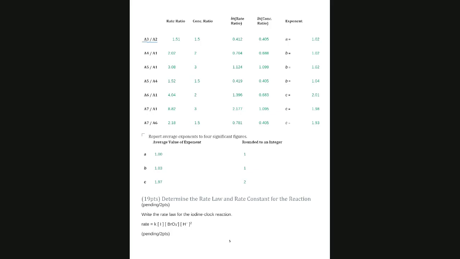Basically, you are going to do 3 B's, 3 C's by following what they are recommending. And then you do the average of these. And then once you have, I obtained these coefficients, you can just write the rate. The only one that is a 2 is the protons. So then this is how you write the rate.